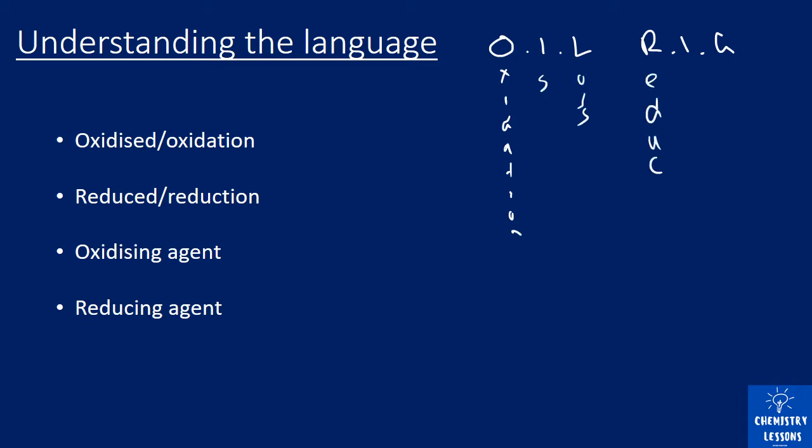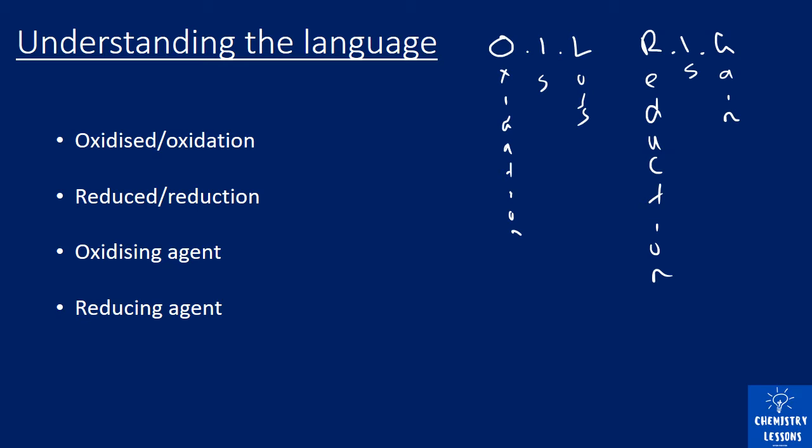And this is in terms of electrons. And that was where it stopped at GCSE. If you could identify something as losing electrons, that it's been oxidized or it's oxidation, and something that has been reduced was gaining electrons. Okay, so reduction, reduced, gain of electrons, oxidation, oxidized is loss of electrons.